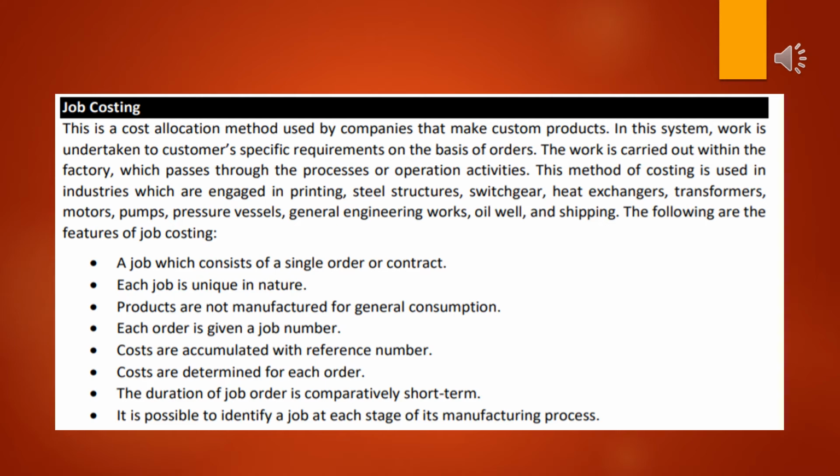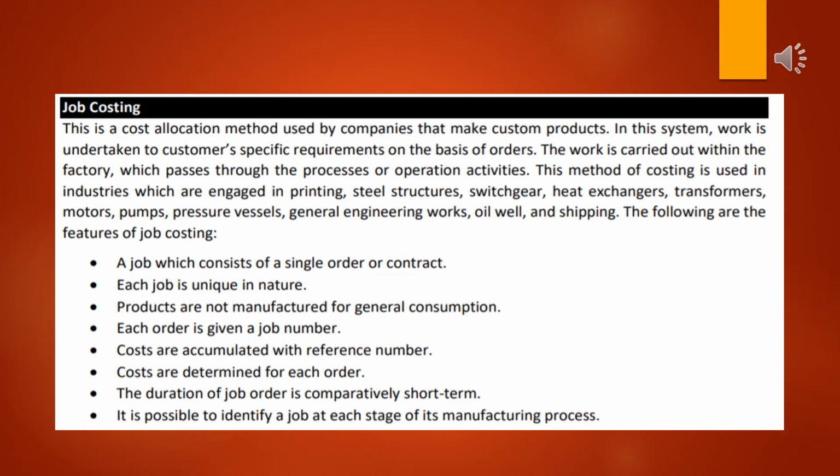This method of costing is used in industries which are engaged in printing, steel structures, switch gears, heat exchangers, transformers, motors, pumps, pressure vessels, general engineering works, oil wells, and shipping.